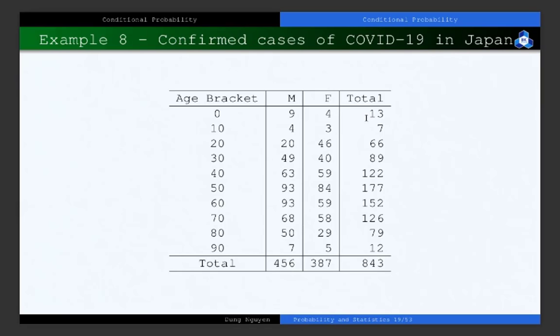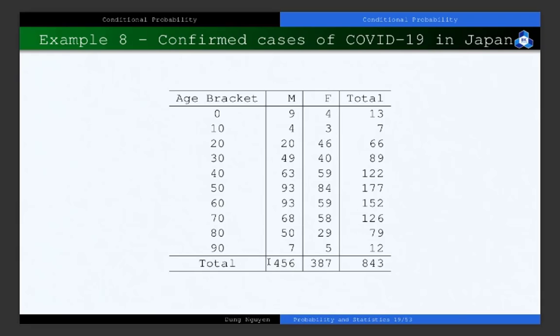Okay, now suppose that a patient is randomly selected. Then what is the probability that the patient is male? So you see that it should be 456 divided by 843. Okay.